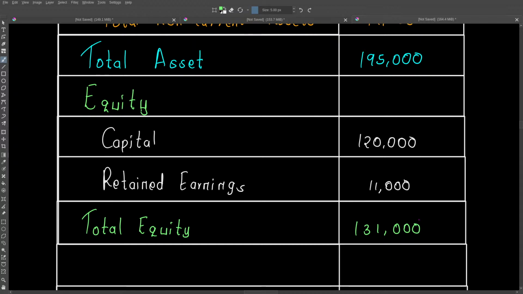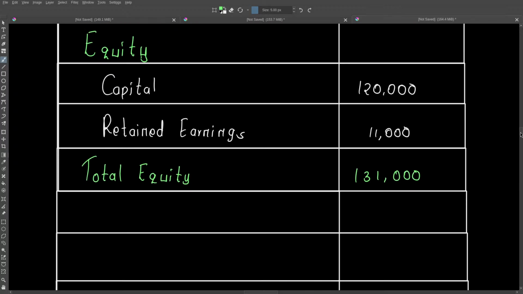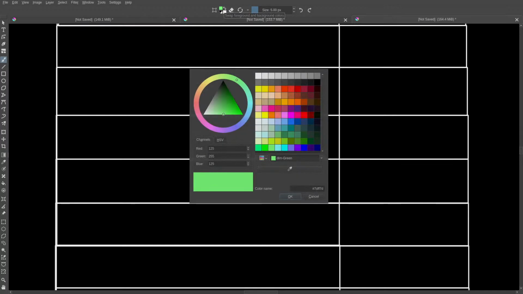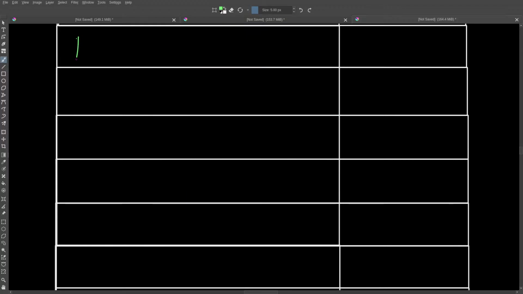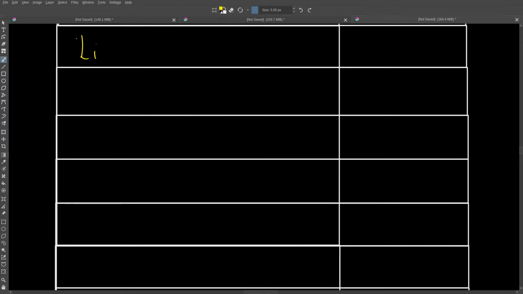Now let us look at the third section, which is the liabilities. Let us structure them, starting with current liabilities.